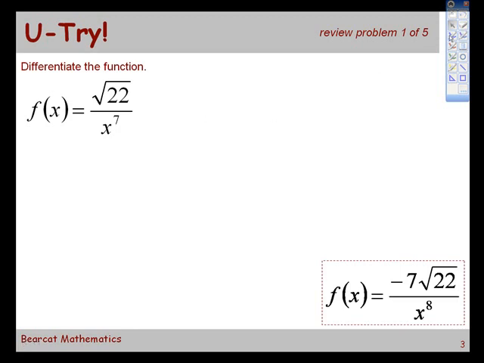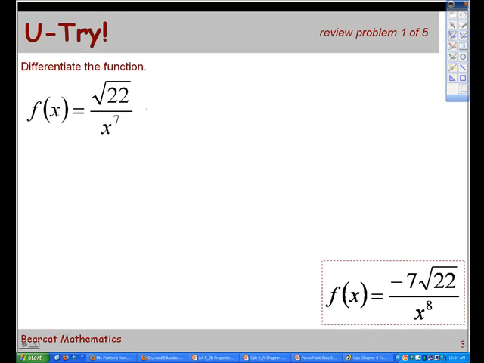This is the way I think of this. F of x is the same as root 22 times x to the negative 7, right? So if I follow the power rule, I just take the power and multiply it by the coefficient to do the derivative here.